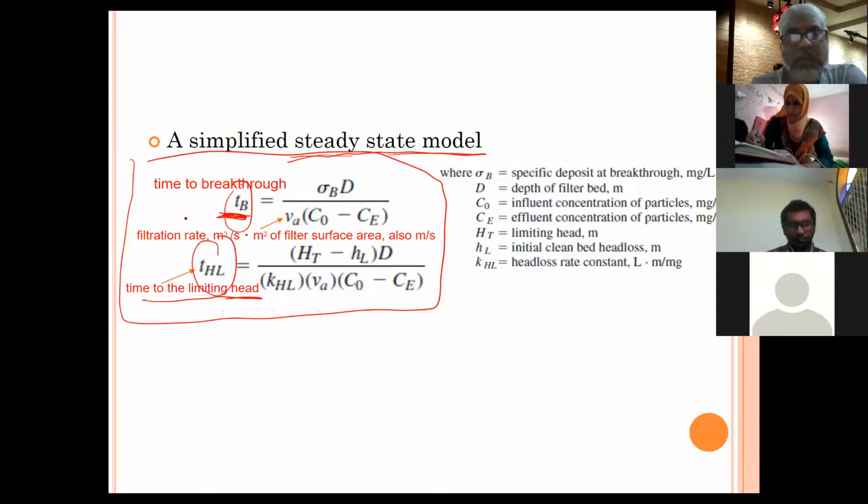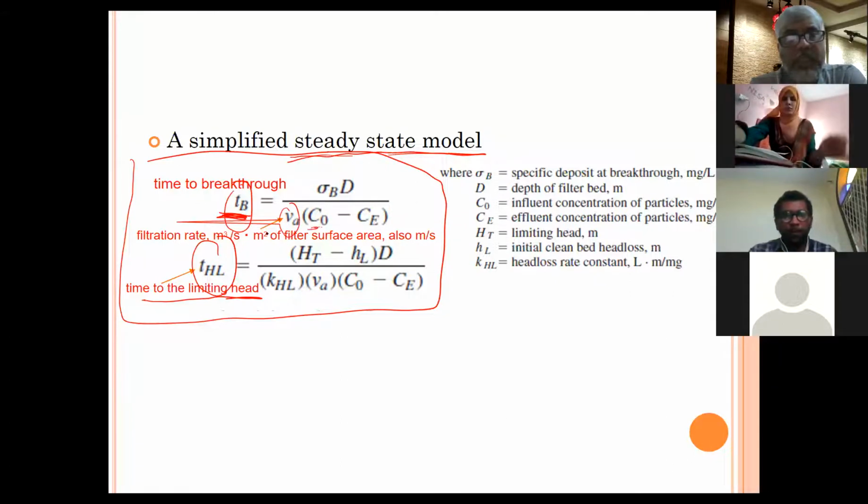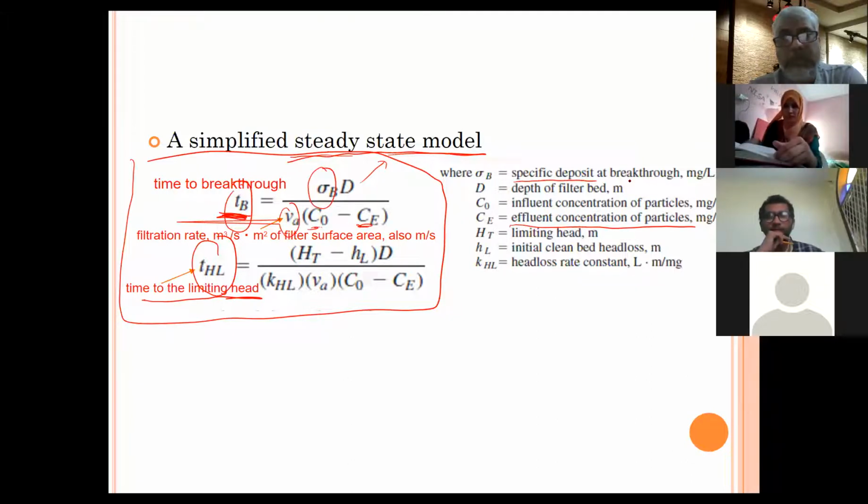We need to know these two things. Here, VA is the filtration rate, C naught is the initial concentration, CE is the effluent concentration of particles, D is the depth of the filtration bed, and sigma B is the specific deposit at breakthrough.